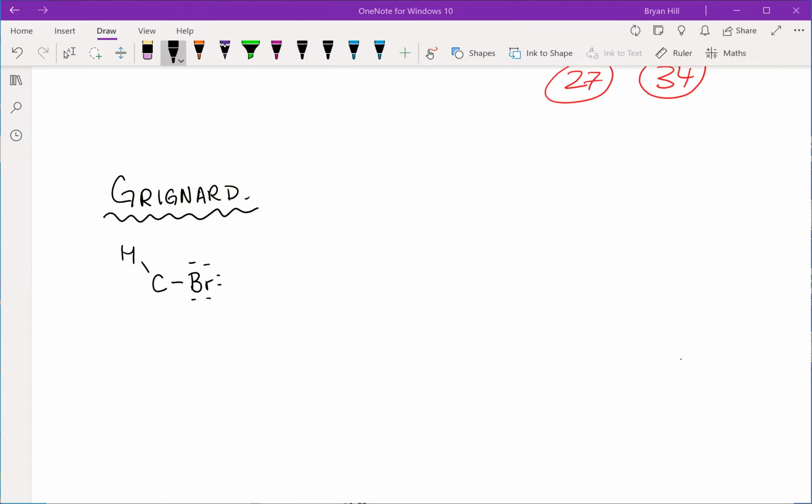Yes, okay. So if we had, say, methyl bromide, for example, and we threw in our magnesium, the common way that this is envisioned of working is that the actual formation of a Grignard reagent involves radicals.